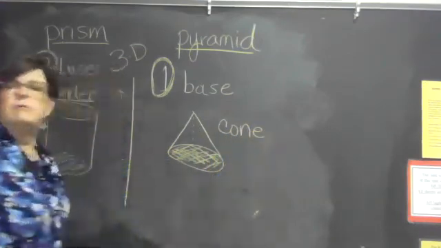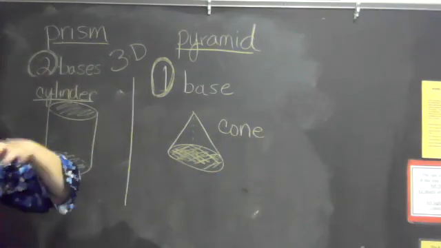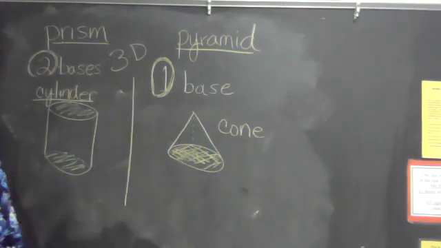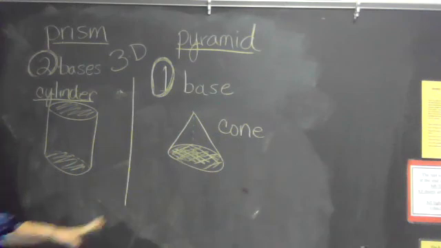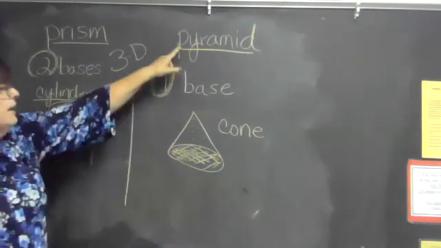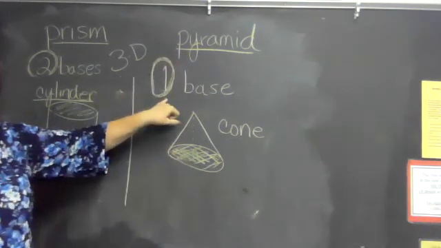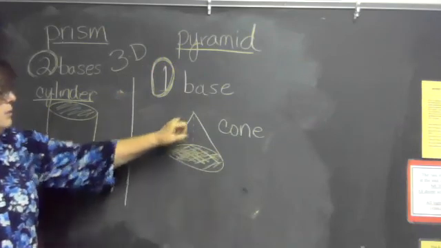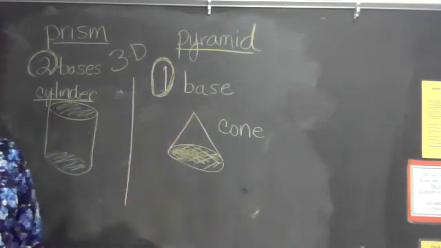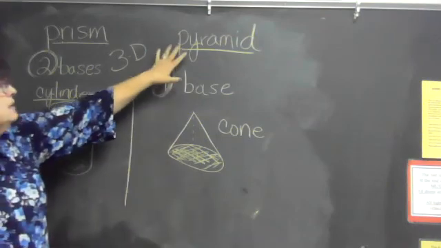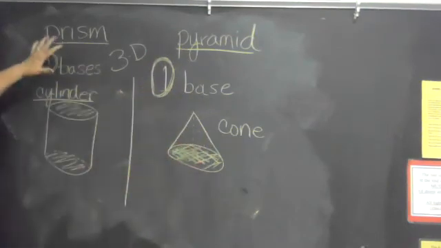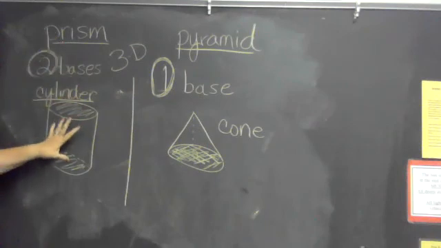That one's easy to remember because if you turn it upside down, it's like an ice cream cone or snow cone. That's why they call it a cone. It's like a pyramid because it has one base, and then the sides come up to a point. So a pyramid and a cone are similar. The prism and a cylinder are similar.